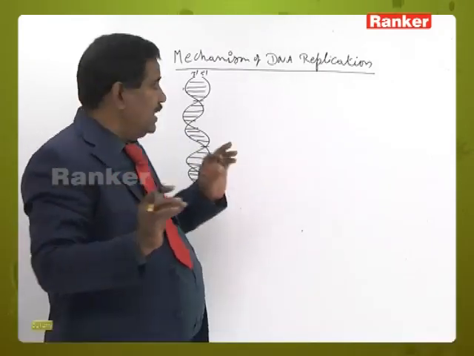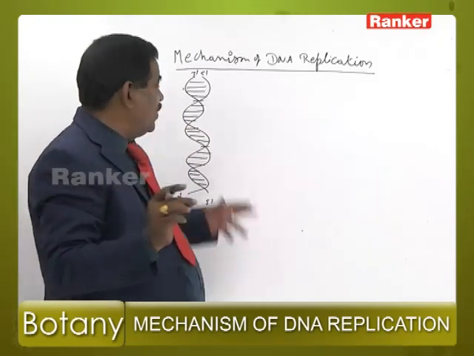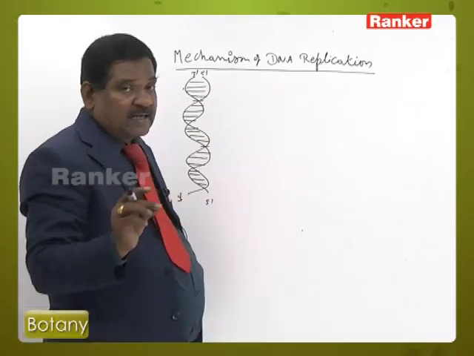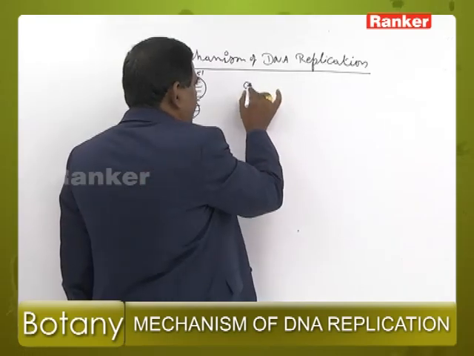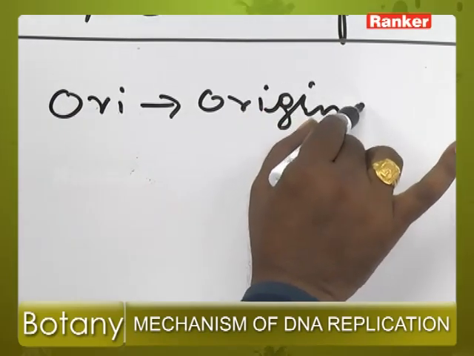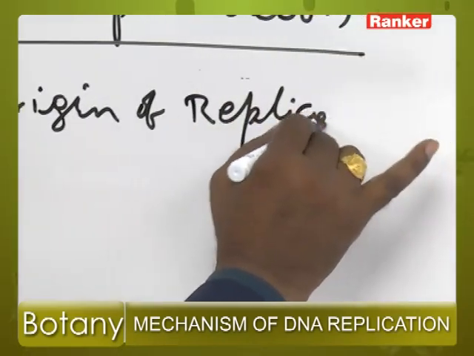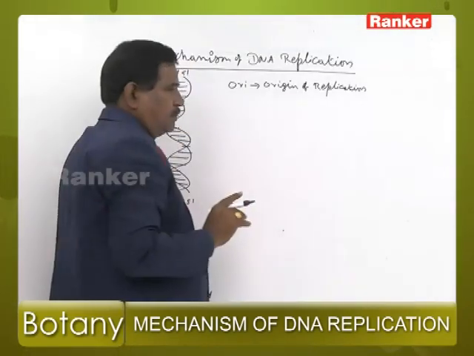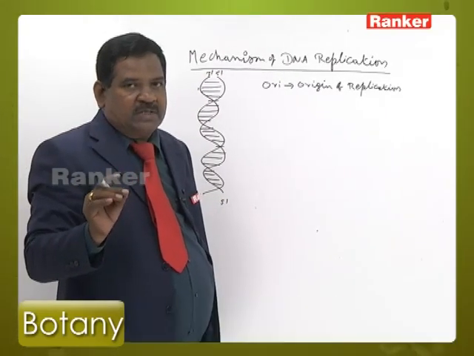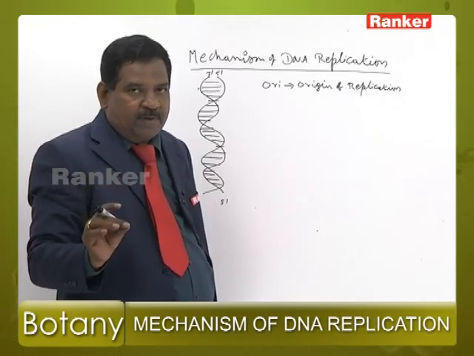Only in some region do the two strands separate. The region where the two strands are separated and replication is initiated is the ORI, that is, the origin of replication.